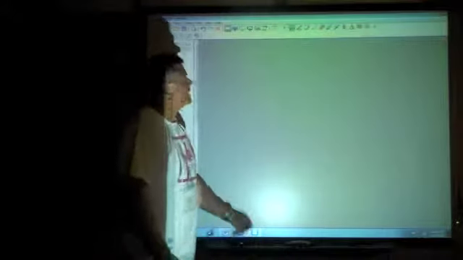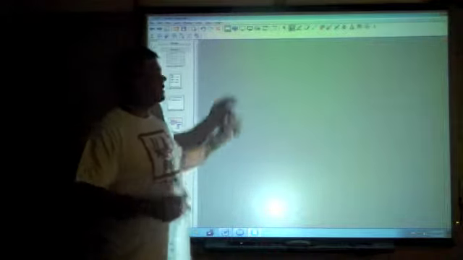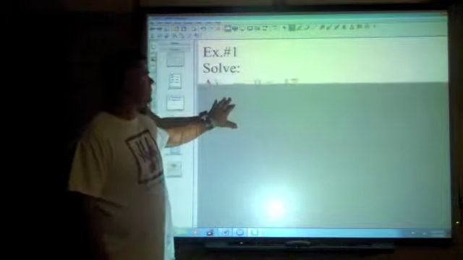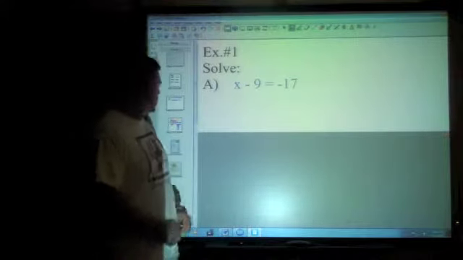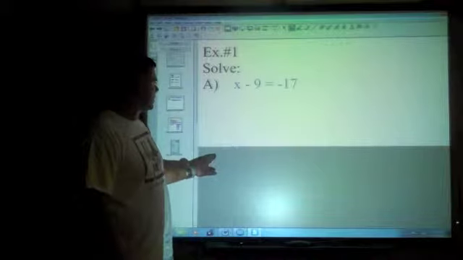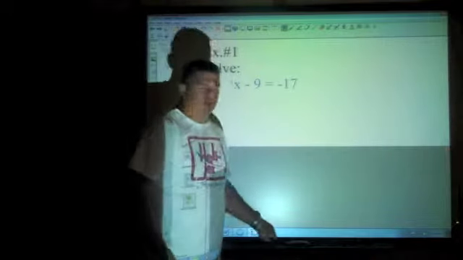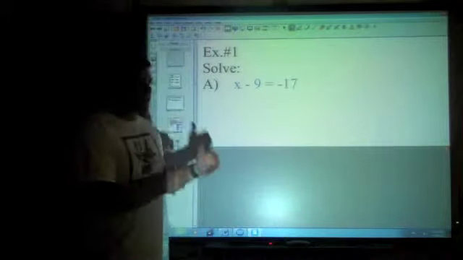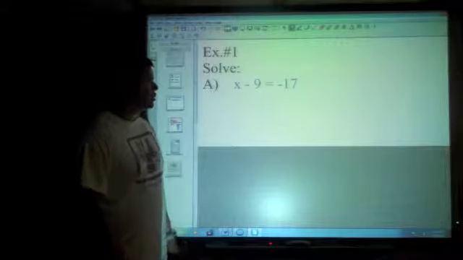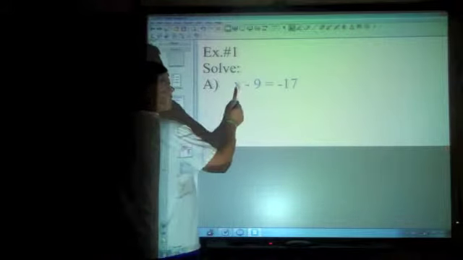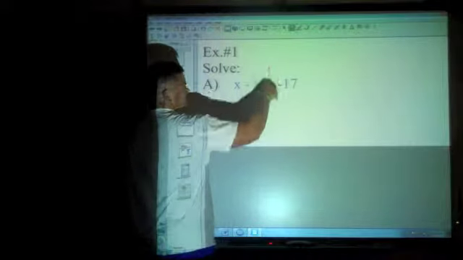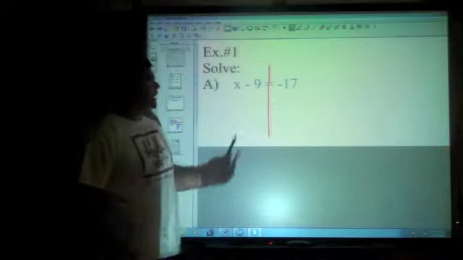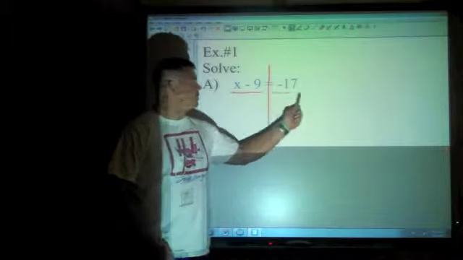So here are some basic equations. Very simple. I will make some modifications to their appearance because I like to practice changing subtraction into addition of the opposite. Not everybody needs this, but I have found that most people make fewer mistakes if they make these adaptations. Now right now, there's an x on the same side as the 9, there's an equal sign, and there's a negative 17. You must think of this as two sides. Remember the balance pans I talked about?